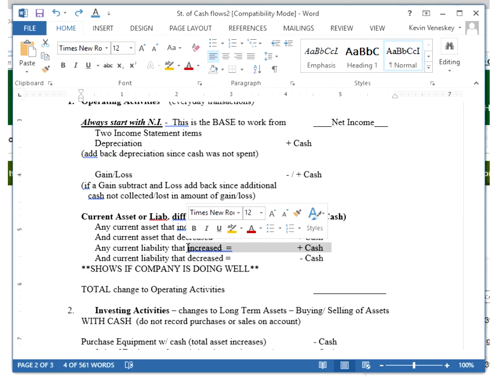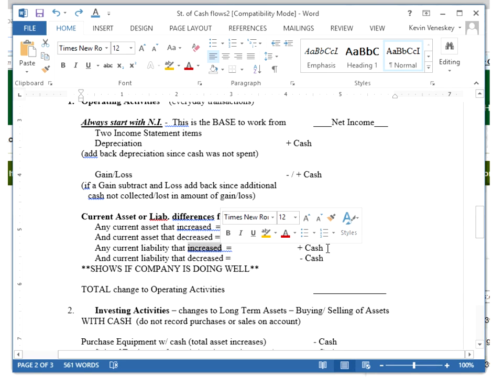I didn't spend the money. But if I looked at my income statement and I saw that $1,000 there, it makes it look like I did, but I really haven't spent the money yet. So if your accounts payable goes up, it's kind of like the depreciation. We need to add the cash back in because that expense didn't involve cash, even though our income statement made it look like it involved cash.